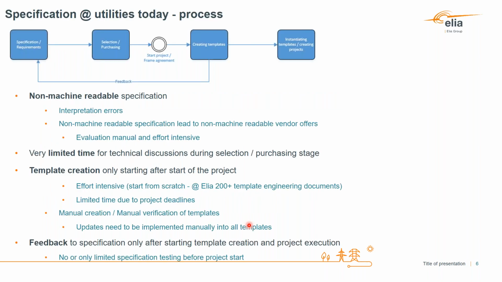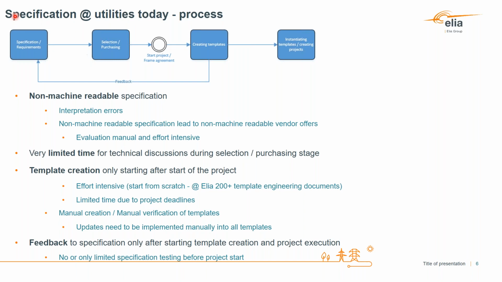So now we've seen the definition of what we consider a good specification. This is a slide explaining how we specify and how many other utilities also specify their requirements today and how they implement them.